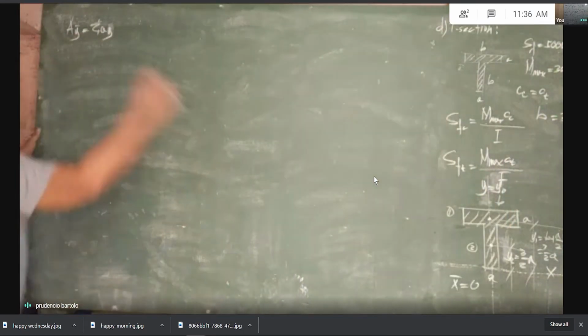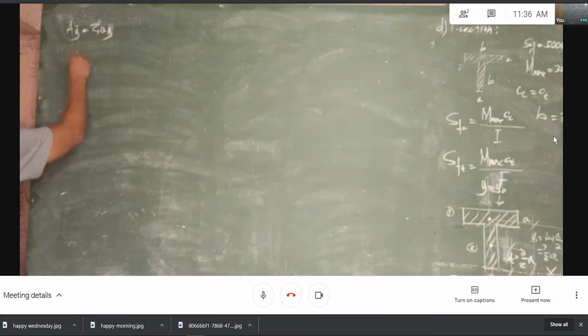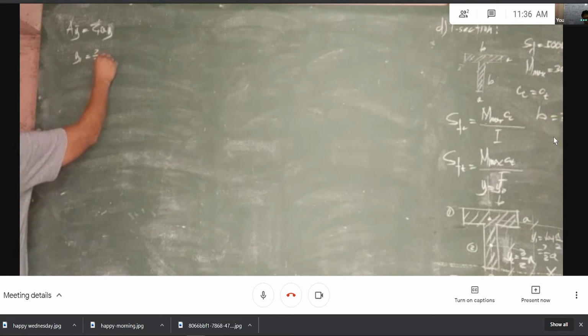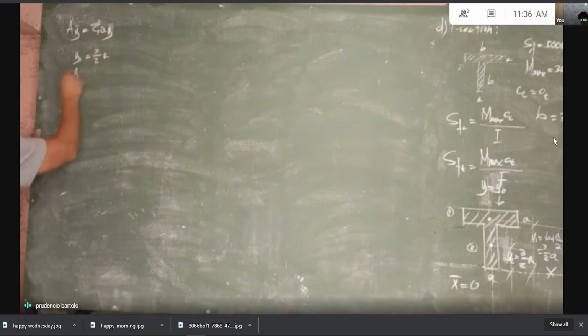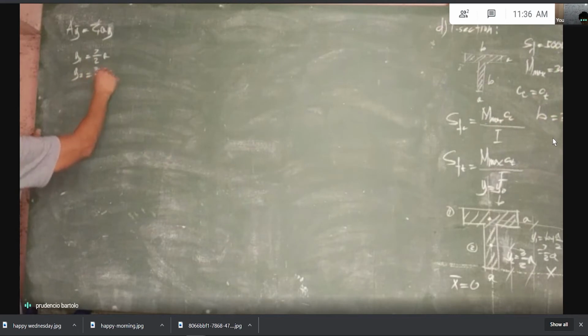So those are the elements. Y sub 1 element is equal to 7 over 2 of a. Y sub 2 is 3 over 2 of a.